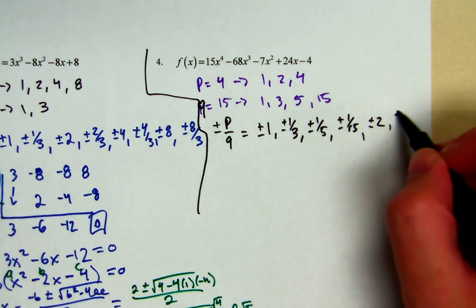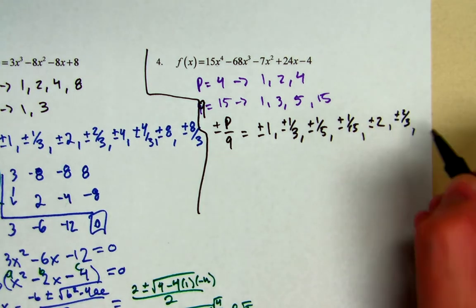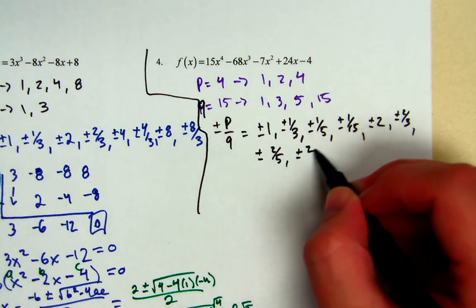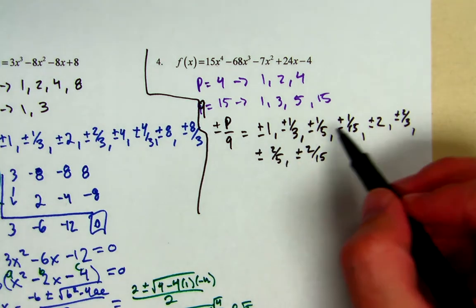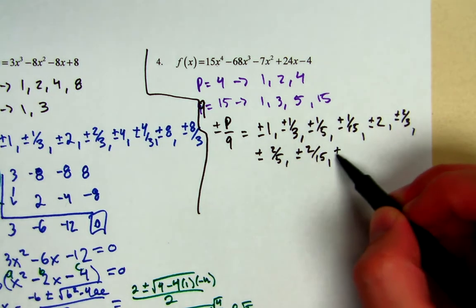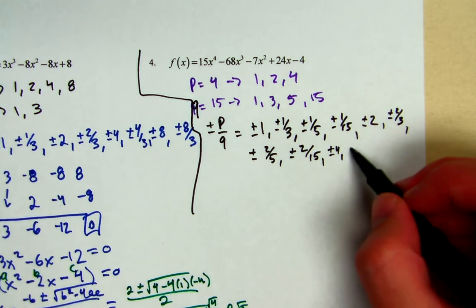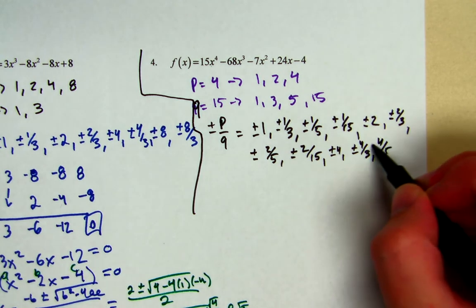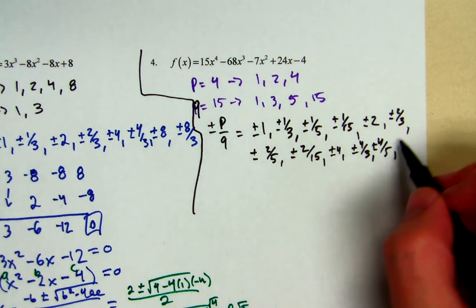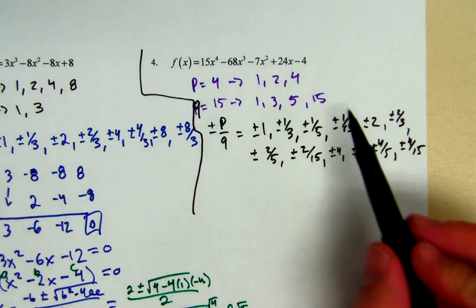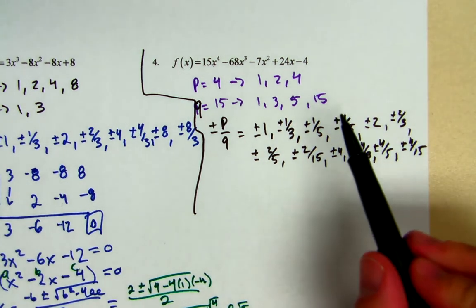Now I've got plus or minus 2 divided by 3, plus or minus 2 divided by 5, plus or minus 2 divided by 15. Again, keep going. 4, we've got plus or minus 4, and 4/3, 4/5, and plus or minus 4/15. So this is a lot of values here.